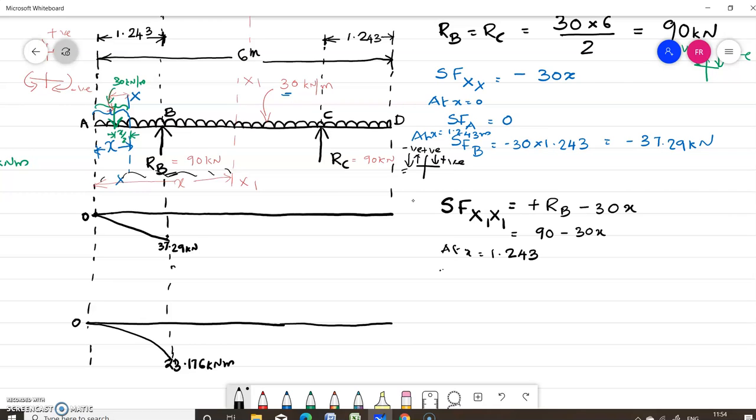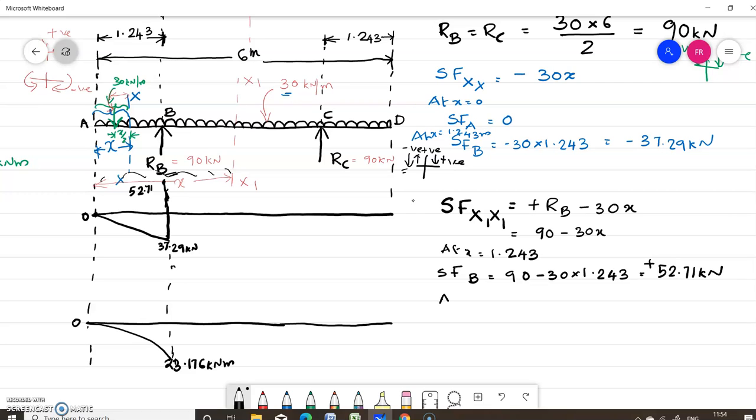So substituting in this equation, you get shear force at B is equal to 90 minus 30 into 1.243, which is equal to 52.71 kilonewton. So you have got this value as plus, which means that in the shear force diagram, at this point B, it becomes positive and the value is 52.71. So let this be the point.